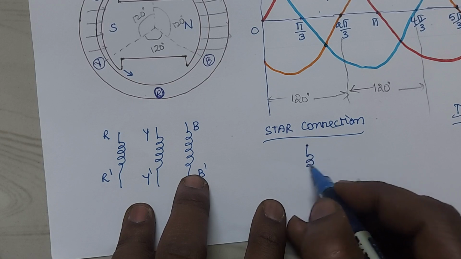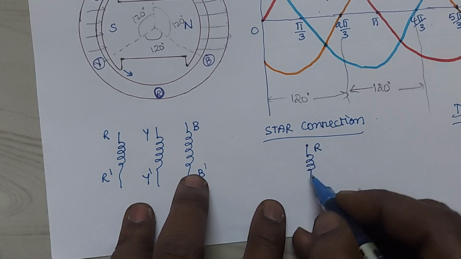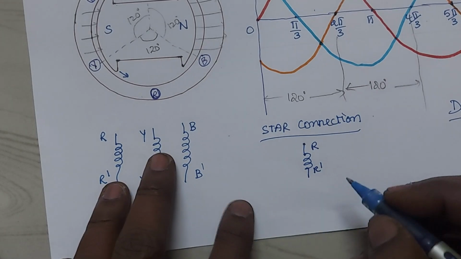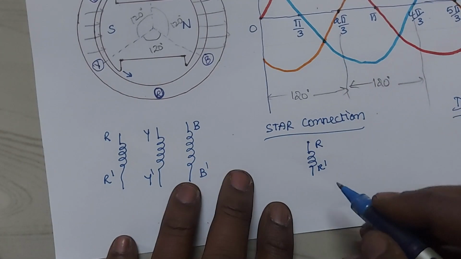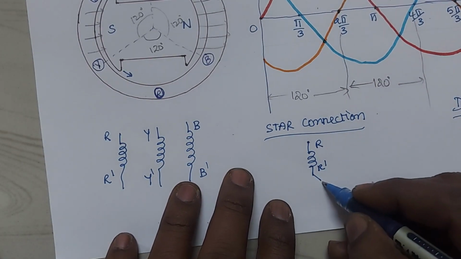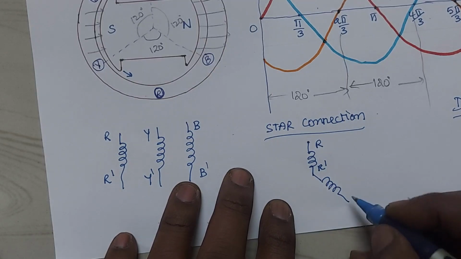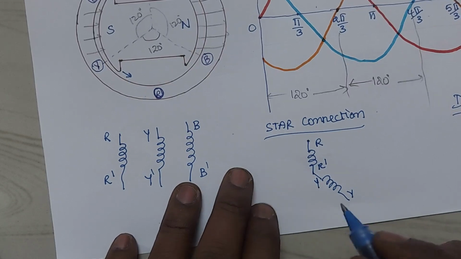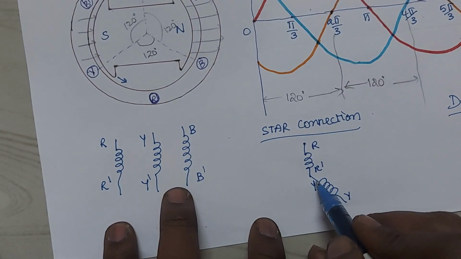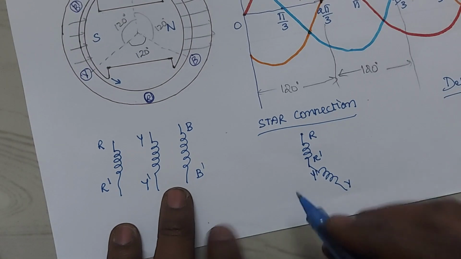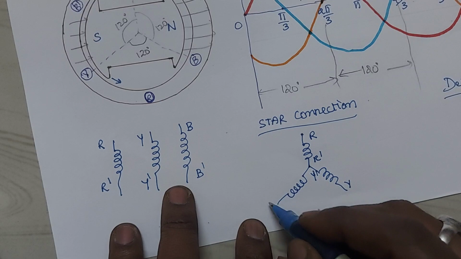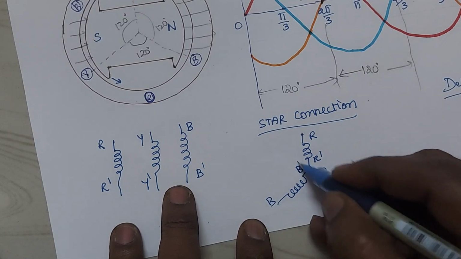like a star fashion. This is a R dash, and this Y is 120 degrees apart. So that's why this Y coil, here is a beginning terminal and this Y dash is the ending terminal. The ending terminal of this Y coil is connected to the ending terminal of the R dash, and here this is a B and B dash.